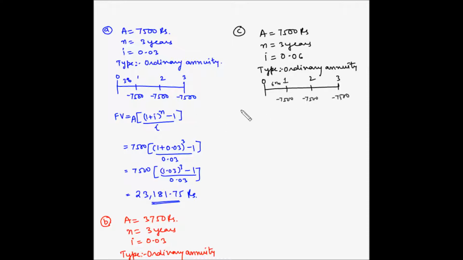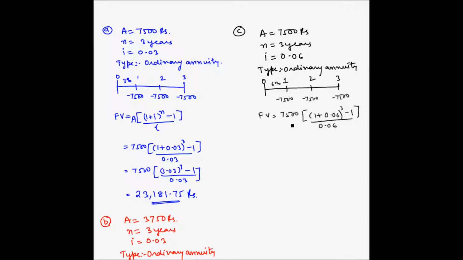So now again, using the same formula for future value, we get A, which is 7,500, into bracket 1 plus I, which is 0.06, to the power N, which is 3, minus 1, divided by I, which is 0.06.